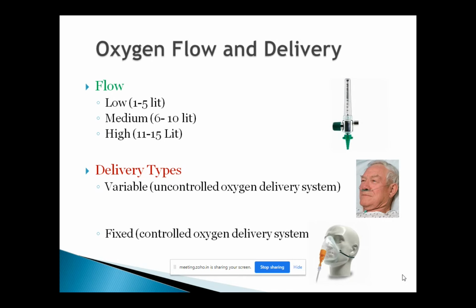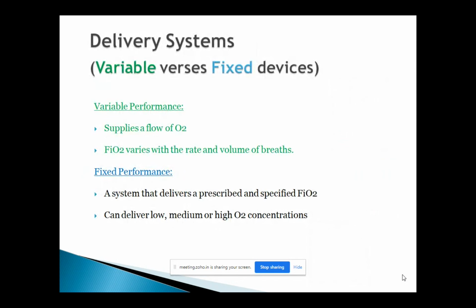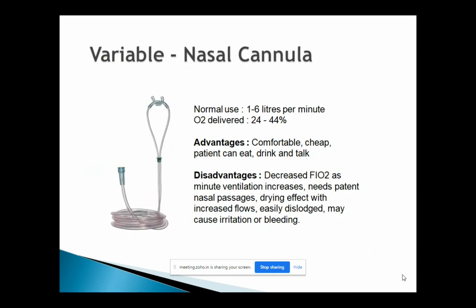For example, I'll give you a simple example here: a nasal cannula. The British Thoracic Society, the World Health Organization and the NICE guidelines recommend you can give 1 to 6 liters of oxygen to a patient using a nasal cannula.